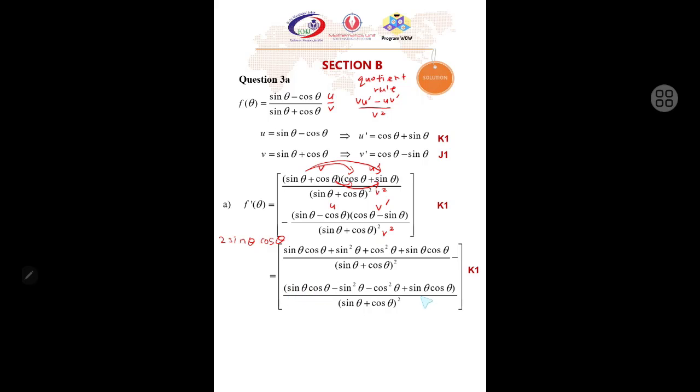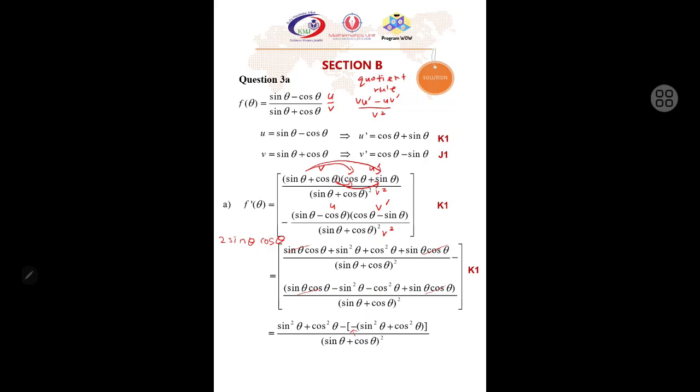So 2 sine theta cos theta minus 2 sine theta cos theta. So this term will cancel out each other. So you are left with sine square theta plus cos square theta minus sine square theta plus cos square theta. Here why plus? Because we have already factored out negative here.